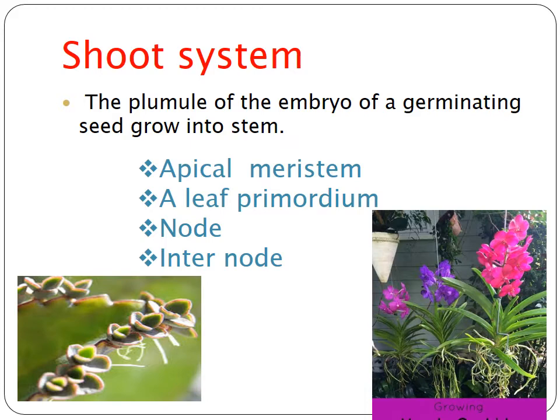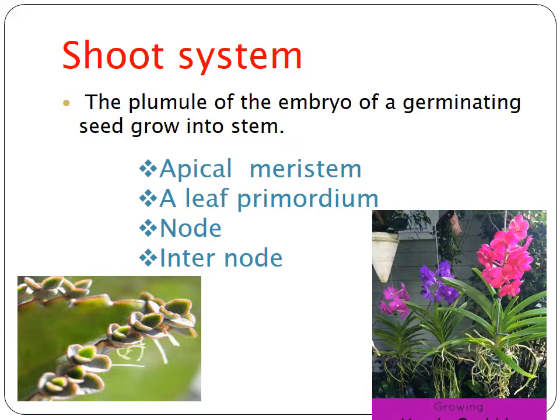Then node: a point from which a leaf arises is called a node. Then the fourth one is the internode. The region between two adjacent nodes is called an internode. One node is there and another node is there; in between two nodes is called the internode.